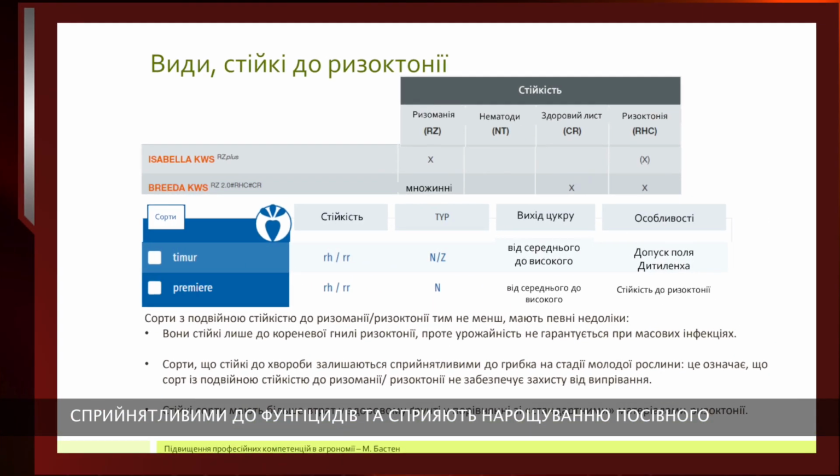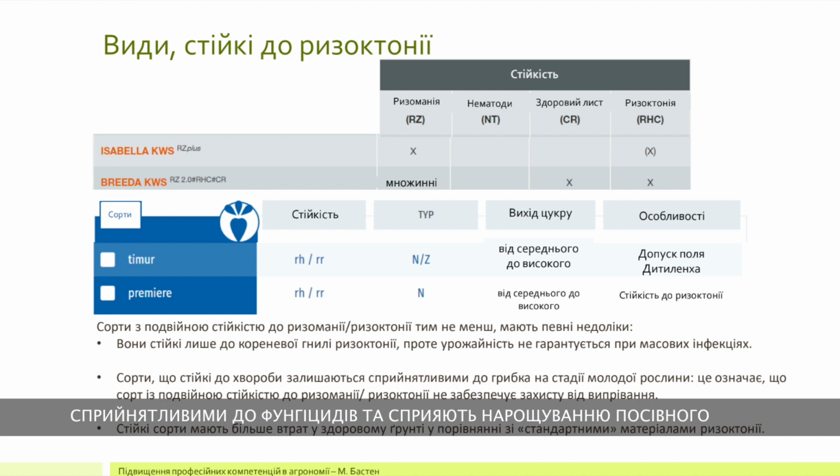factor to deal with. So also tolerant varieties remain susceptible to the fungi and contribute to the building up of the inoculum, and they don't protect against this damping off early disease, which comes from a different Rhizoctonia strain. Tolerant varieties carry a yield penalty in healthy soil compared with standard Rhizomania material.